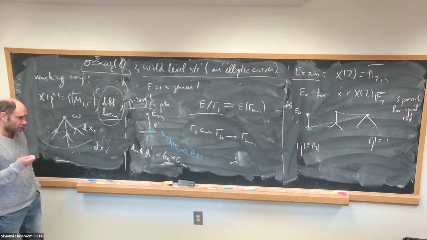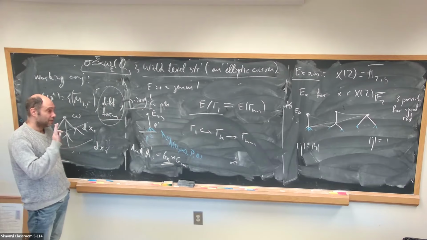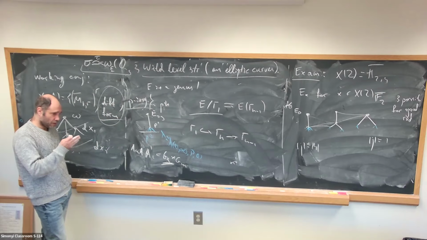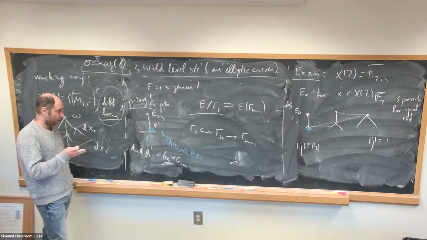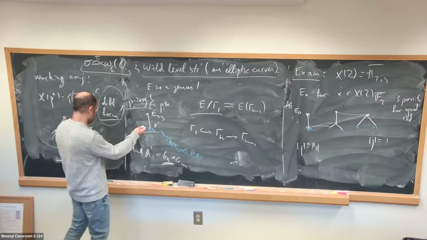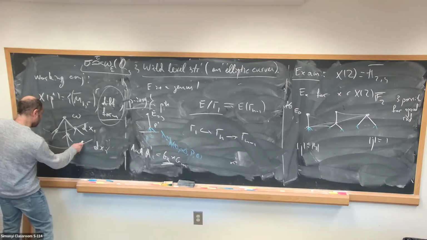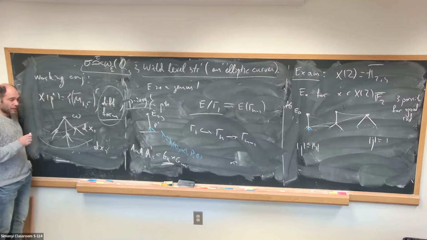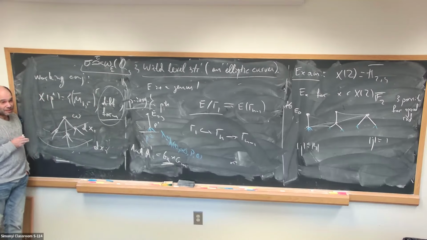In your work on generalized elliptic curves, you have a group law which is just Picard. Now here you have a group law on the bottom level, but I don't know how to describe it like Picard.